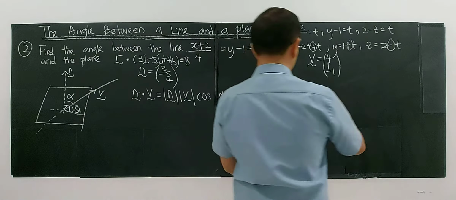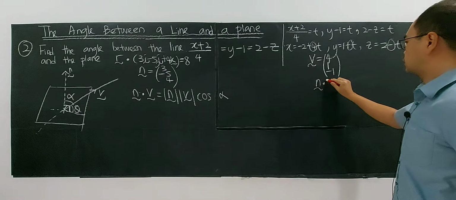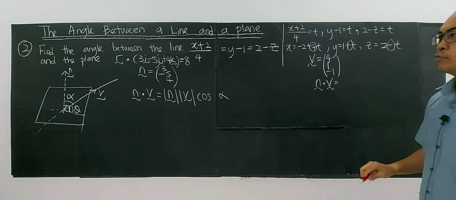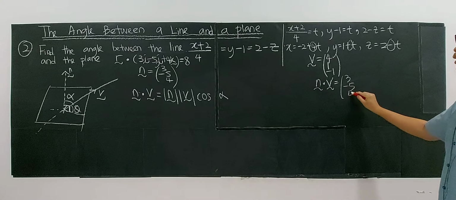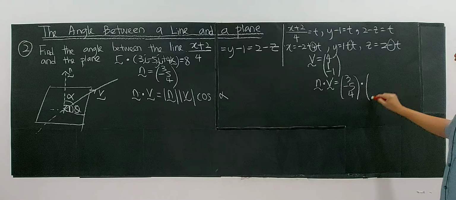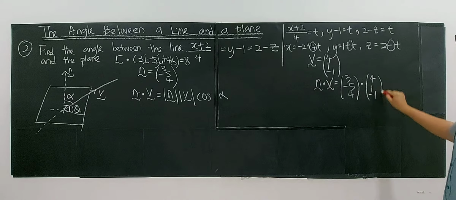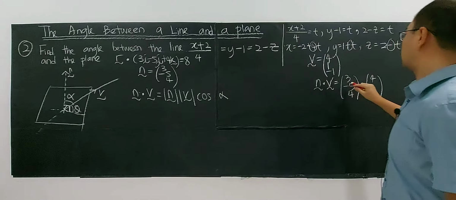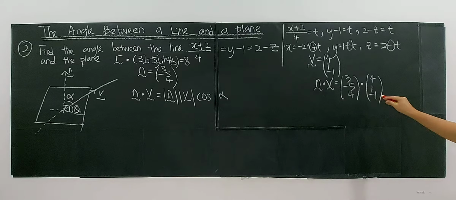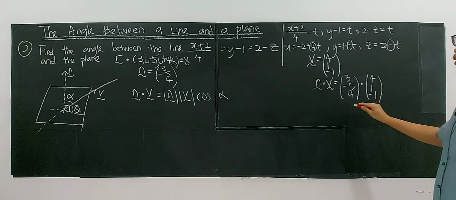I'll do it separately here. n dot v is 3, -5, 4 dot 4, 1, -1.